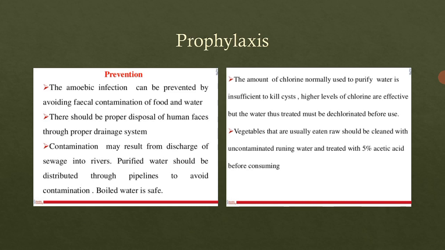Basically, we have to take care of the food we eat and the water we drink. We should not contaminate them. Feces disposal should be proper, there should be no consumption of contaminated water from rivers or other sources, and no sewage exposure into rivers or open places. The water we drink should be boiled. These are the preventive measures one should apply to avoid this infection.